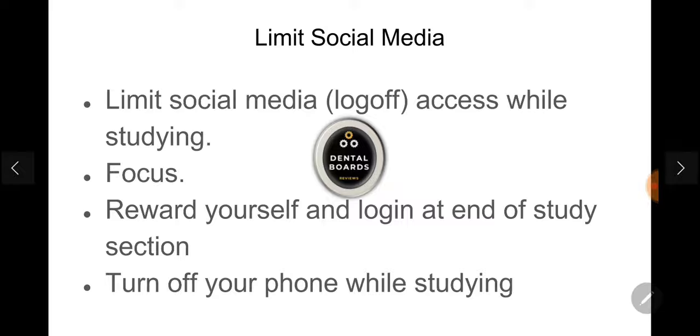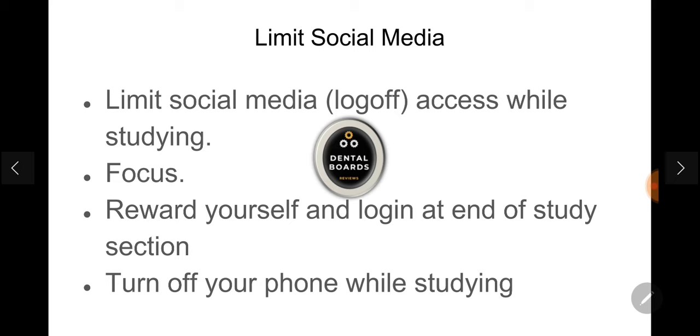You need to log off. For those of you who receive messages and notifications on your phones, make sure you turn them off or you log off while you're studying. This is going to increase your focus, and also you can reward yourself after a certain amount of time studying. You can reward yourself by logging back in at the end of the study session.